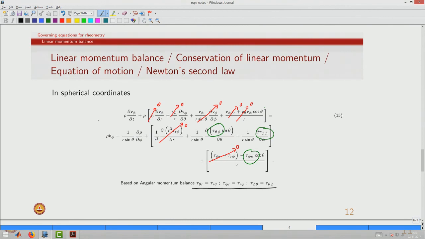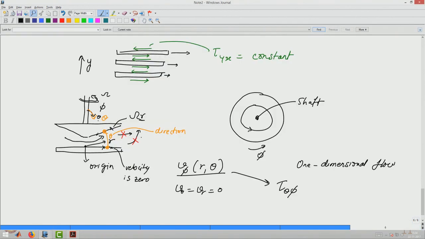Now, given that we say that the cone and plate is a Couette flow, we can again ignore the influence of gravity and pressure gradient. So, in that case we can say that the pressure gradient is not significant. Similarly, gravity is also not playing a role, and these effects can be ignored.